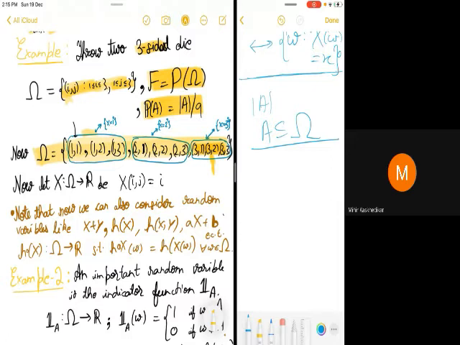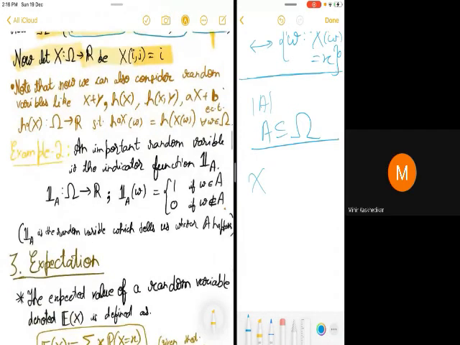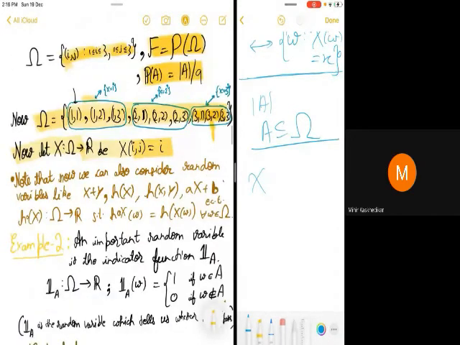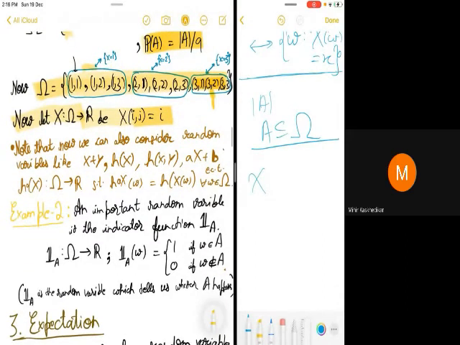Our random variable X is just the outcome of the first die. So we get that X is from capital omega to R, such that X of (i, j) is i. Yes.